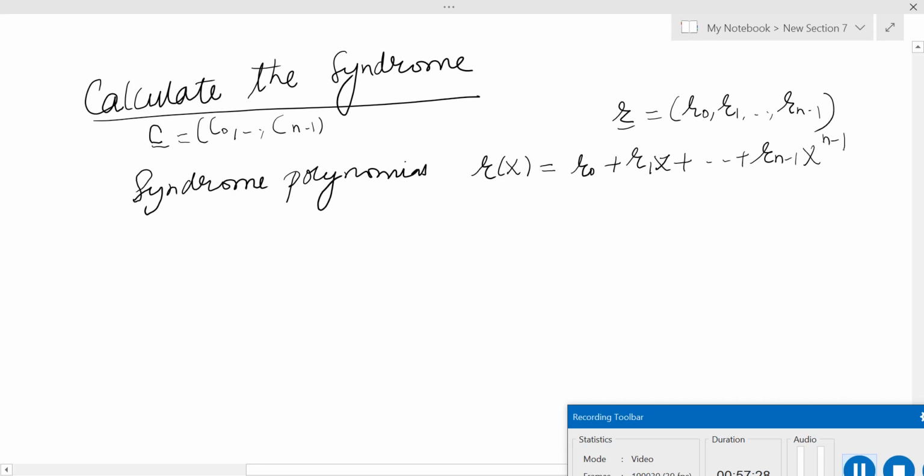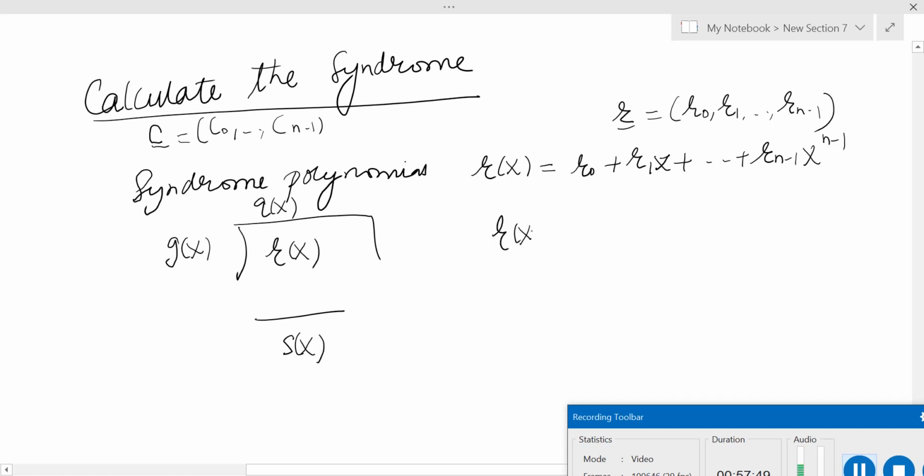Now if we divide this polynomial by g of x, suppose you get quotient q of x and finally remainder s of x, so you can write r of x as quotient times dividend plus remainder, s of x.